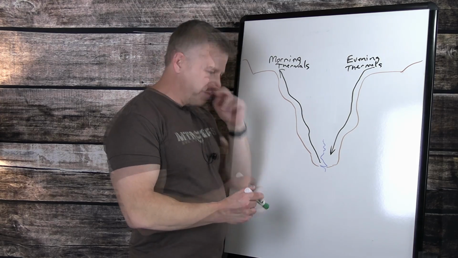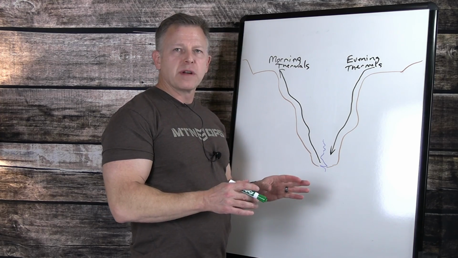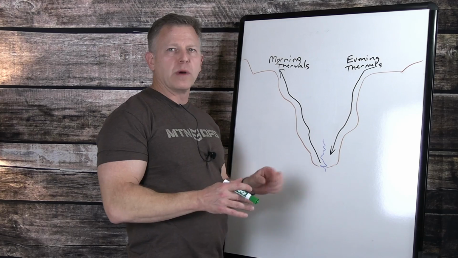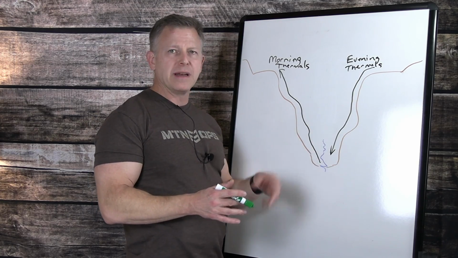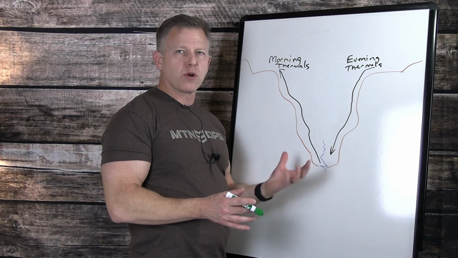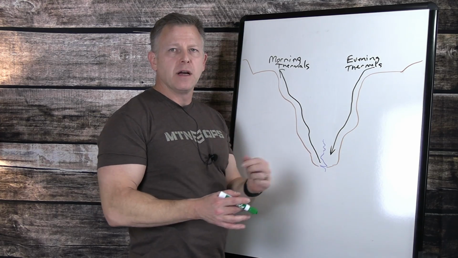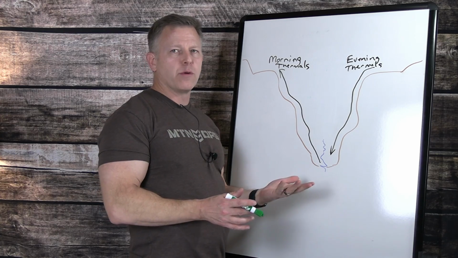Thermals are at their strongest when you have lighter winds. When you have that 0 to 5 mile an hour, even 8 or 10 mile an hour wind, your thermals are going to be a little bit stronger. But the higher the wind speed, the less thermal effect you'll get.